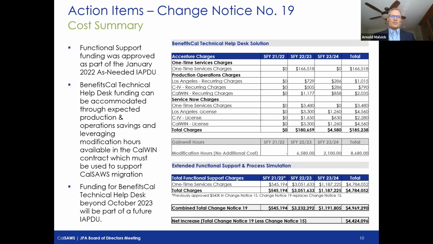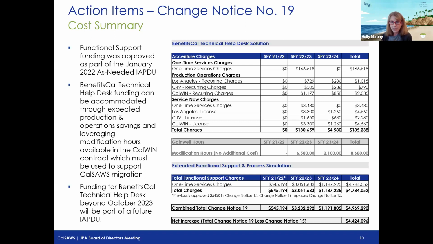Holly, I'll transition to you to provide overall cost. Thanks, Arnold. So I'll walk through this table on the slide here, focusing on the right side of the page. The table provides a summary of the costs that are documented within this change notice in the blue boxes. So the top box is the technical help desk portion of $185,000.